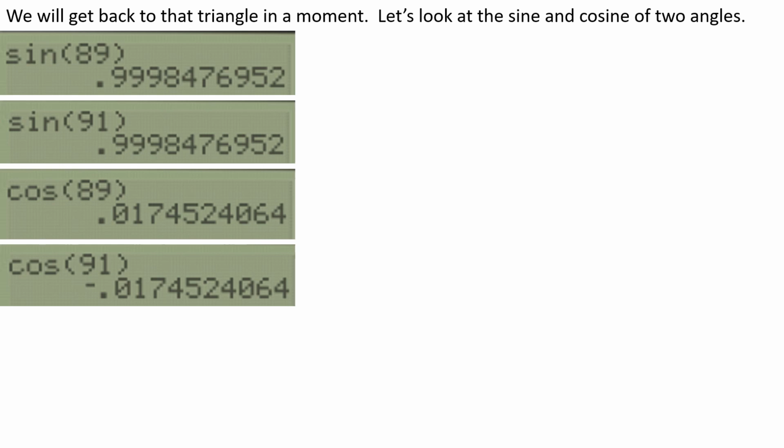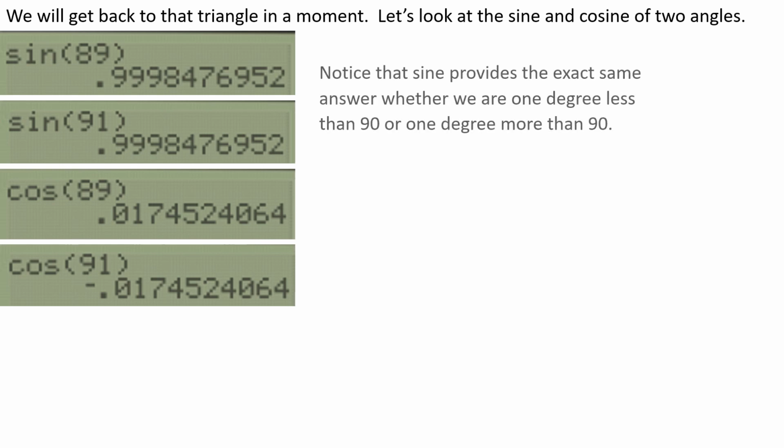With the sine function, I cannot tell if I'm greater than 90 or less than 90. But with the cosine function, I can tell. So if I don't know any of the angles, and there's a possibility that one of them might be more than 90, I need to use cosine to catch that one.